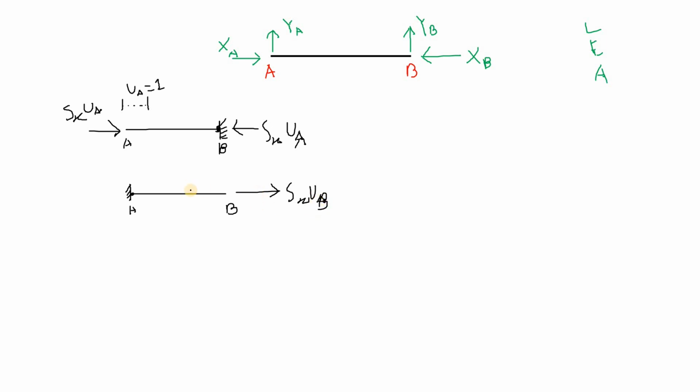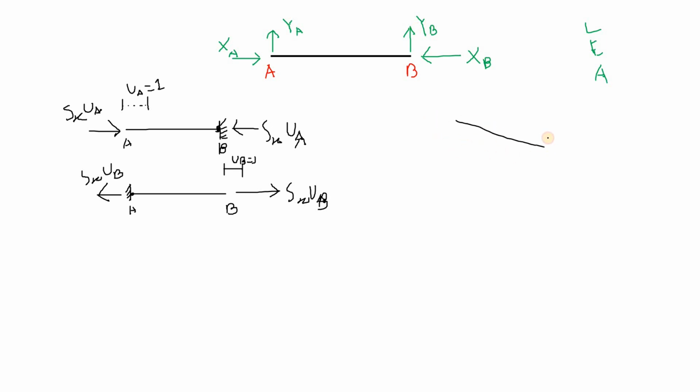So this is Sx UB in the B direction, and from here to here, let's call it UB. Unit deflection UB is equal to 1. Since the force is being applied here, another counter force is going to come up over here, which is going to be Sx UB. So we have two situations going on here, and we have two more situations for the forces YA and YB. Let's draw them up.